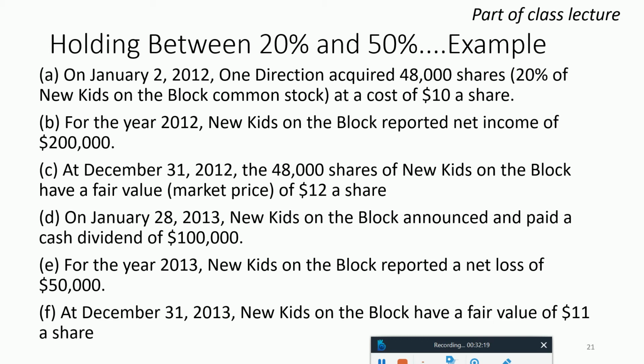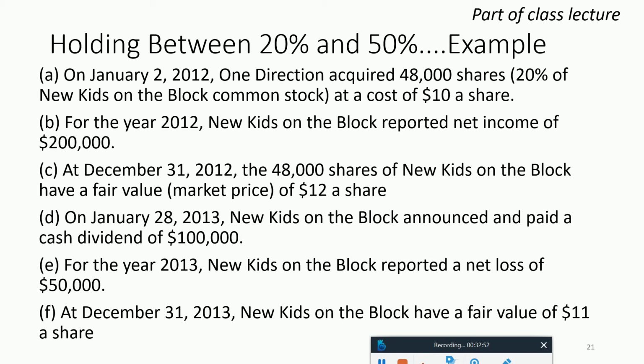So let's look at an example here. On January 2nd of 2012, One Direction acquired 48,000 shares, which represented 20% of New Kids on the Block common stock, at a cost of $10 a share. So this is a holding between 20 and 50%, so we are going to use the equity method.